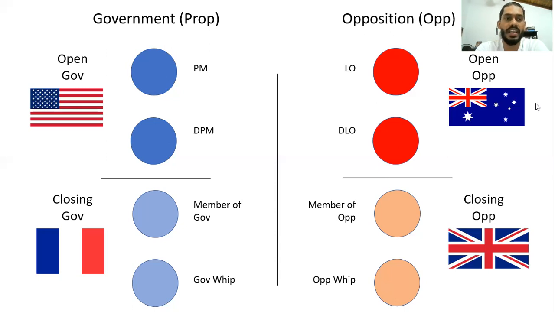Because of that, if you are going as opening government, you need to make sure you bring in all the basic, fundamental, most important arguments. Because if you miss out an important point and the closing government brings that in, the closing government is going to get that point.